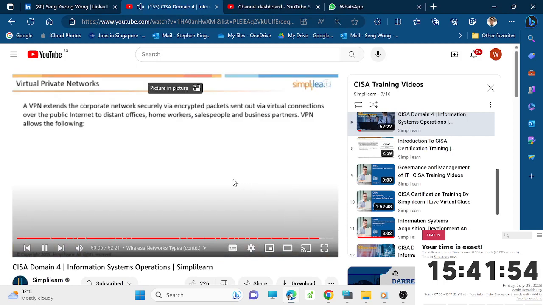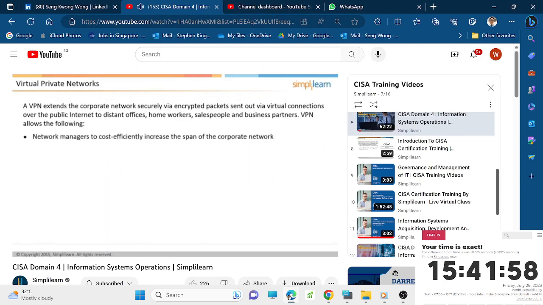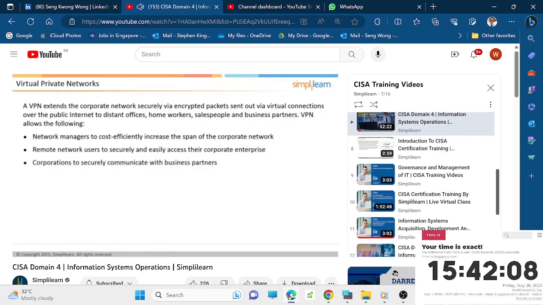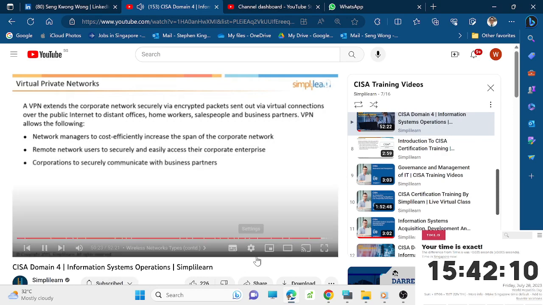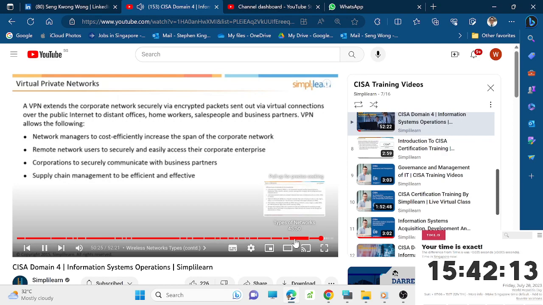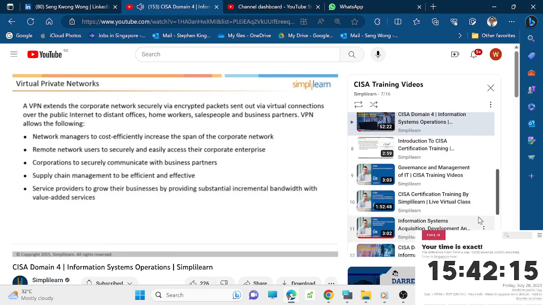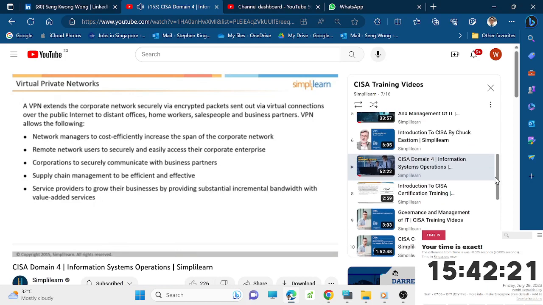Virtual Private Networks allow network managers to cost-efficiently increase the span of the corporate network. They also allow remote network users to securely and easily access their corporate enterprise, corporations to securely communicate with business partners, supply chain management to be efficient and effective, and service providers to grow their businesses by providing substantial incremental bandwidth with value-added services.